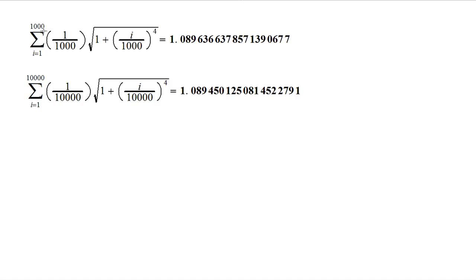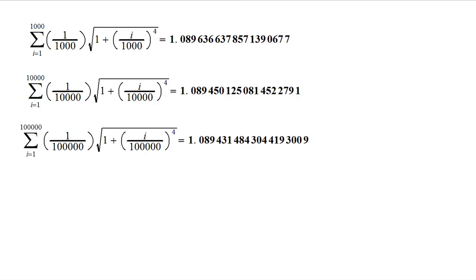Here I'm taking 1000 rectangles, and you can see it has stabilized up to 3 digits after the decimal. Then I went to 100,000, so we have gotten this far. All right, so let's continue in this manner.